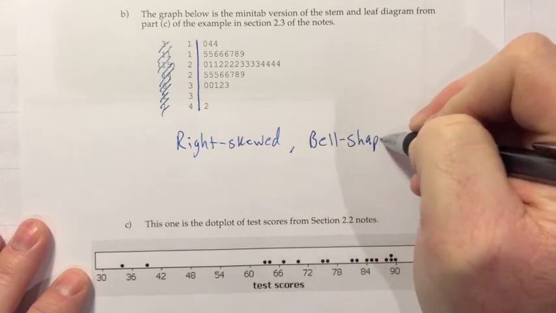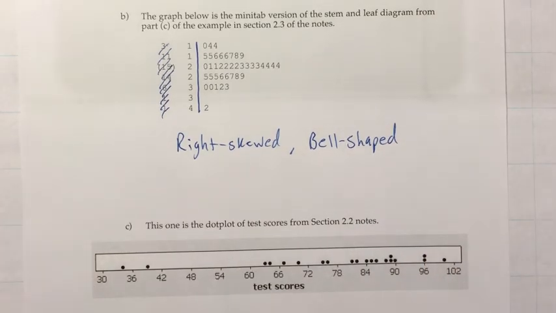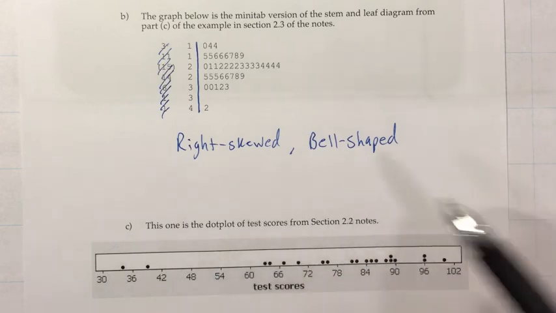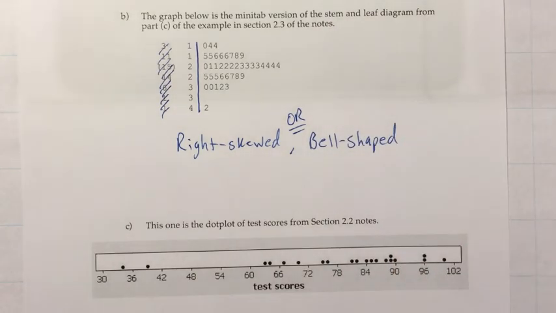And it's not that uncommon that when our sample size is small, we can't definitively say what shape we're going to go with. So we might provide a couple options. Maybe it's this, or maybe it's that. It can't be both, but we can't tell which one it is. If you do a problem and it says give your best guess, then just give one answer and try and defend why you said that.